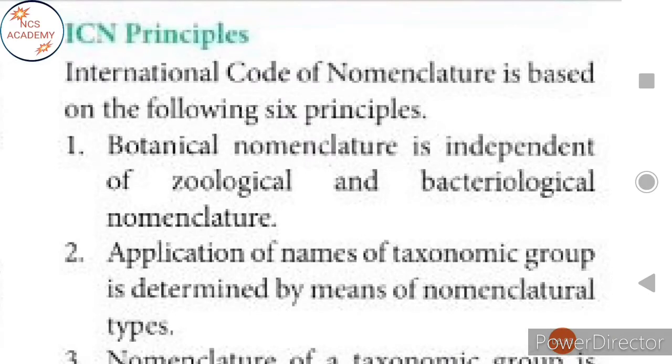Write the principles of ICN, the International Code of Nomenclature. There are 6 principles given here. First one, botanical nomenclature is independent of zoological and bacteriological nomenclature.